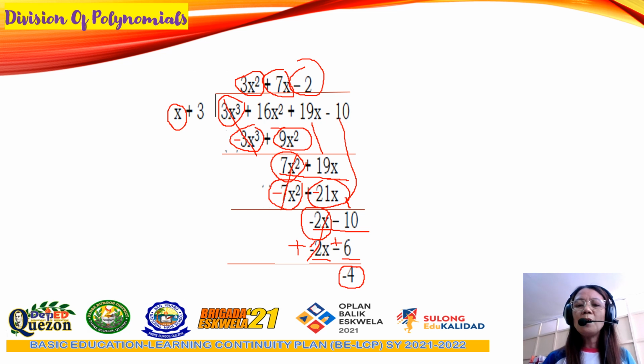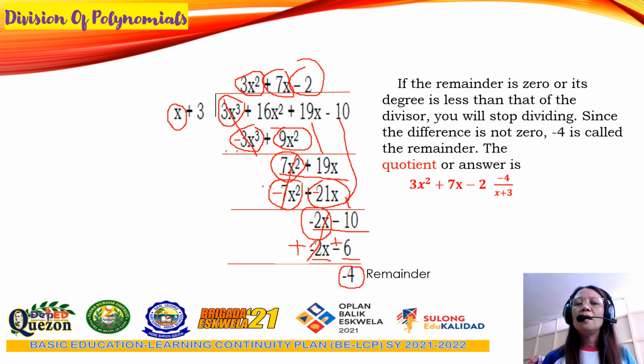Ngayon, kung nakita niyo na wala na siyang variable, ibig sabihin, less na ang kanyang powers dun sa ating divisor. At ito na ngayon ay tatawagin nating remainder. So, according to your module, if the remainder is 0 or its degree is less than that of the divisor, you will stop dividing.